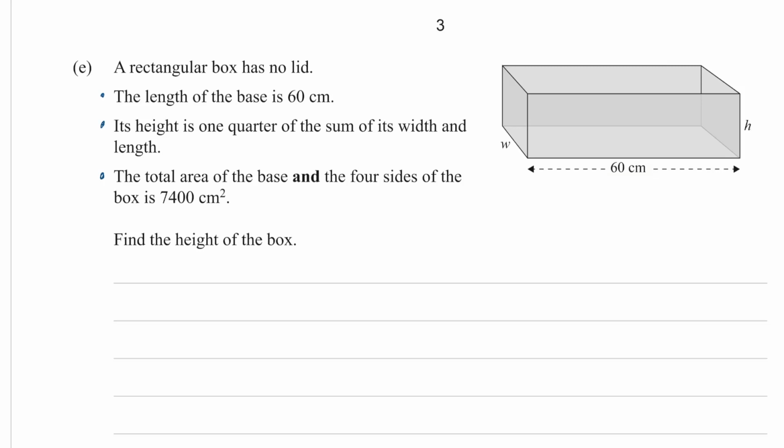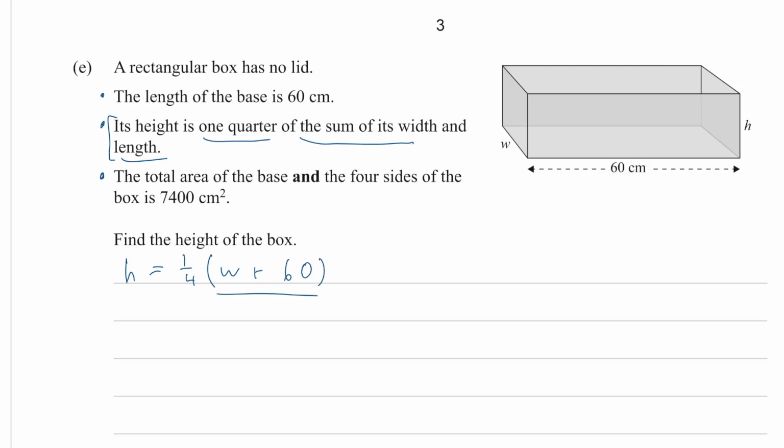So let's start with this one here. Its height is 1/4 of the sum of its width and length. So its height is equal to 1/4 of the sum of its width and length.